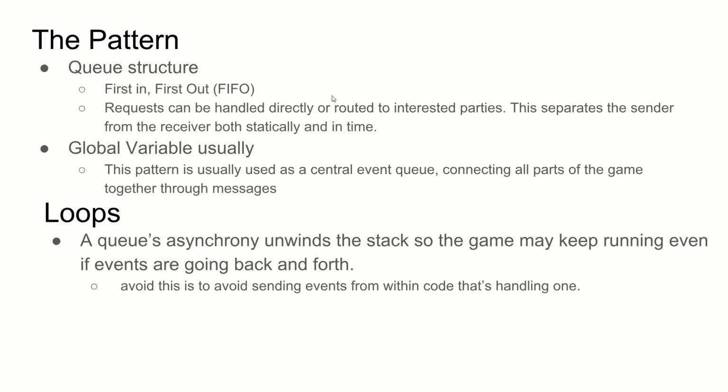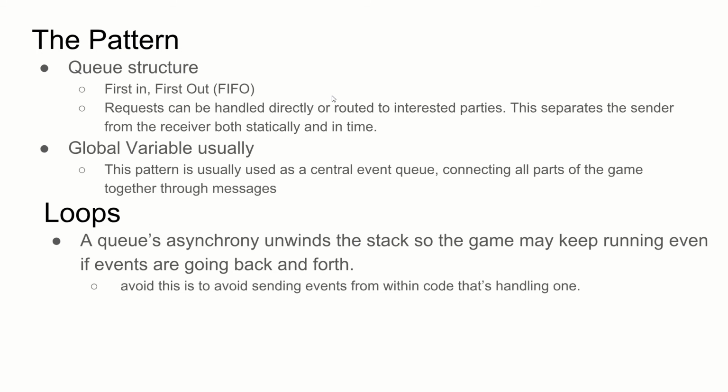So the pattern for event queues is basically a queue structure, first in, first out, like the lineup analogy that I talked about earlier. This means that requests can't be handled directly or routed to interested parties.